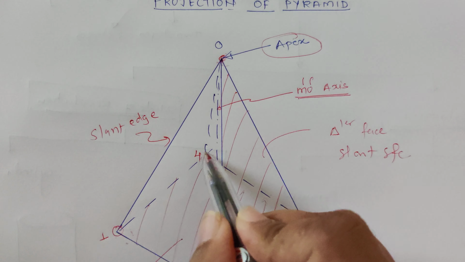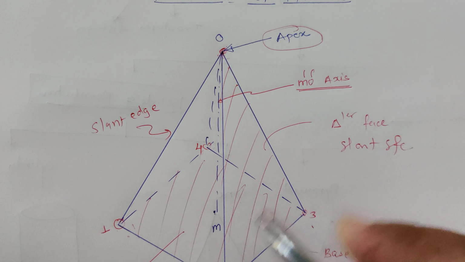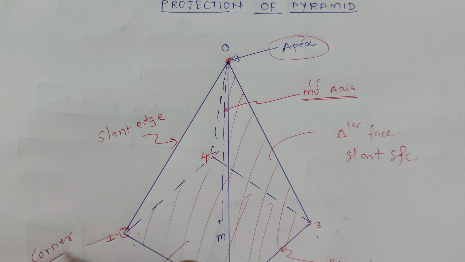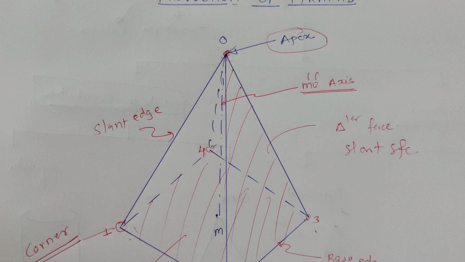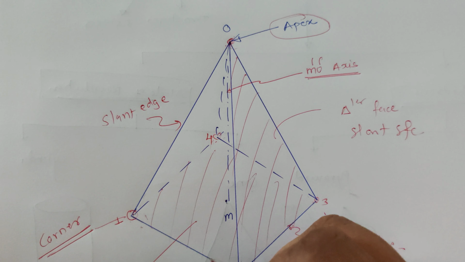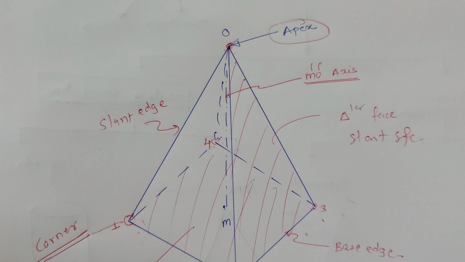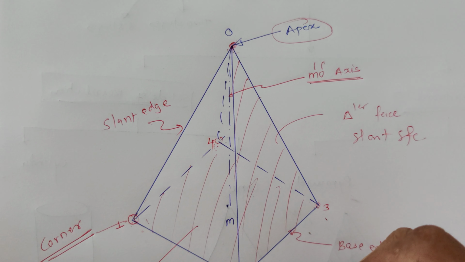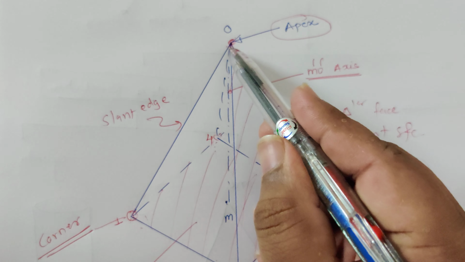Next, 1, 2, 3, 4 are the corners. Corner is also a point. Corner is a point where 2 base edges and 1 slant edge meet. If you consider corner 1, here 1-4 and 1-2 are base edges, whereas 1-O is a slant edge.